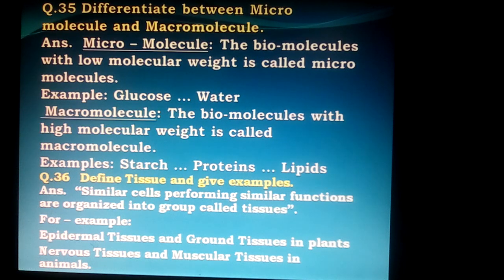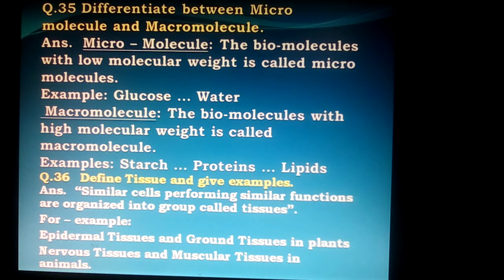Question number 35 says differentiate between micromolecules and macromolecules. We have studied micro and macromolecules when I was explaining the topics. Micromolecules are the biomolecules with low molecular weight, such as glucose and water.